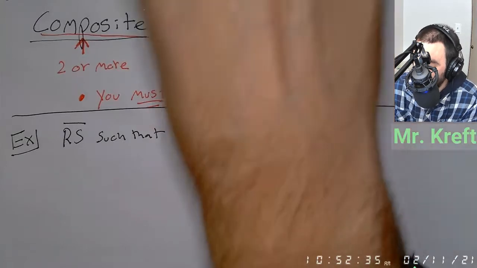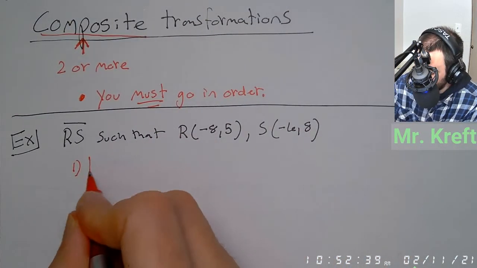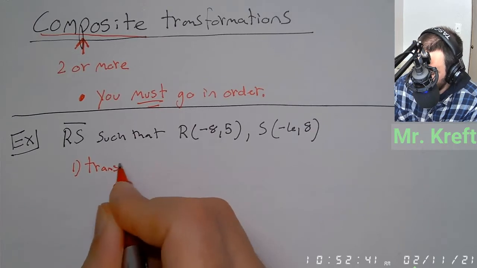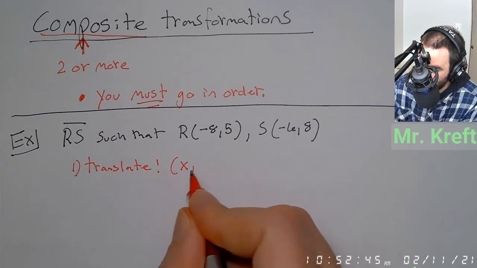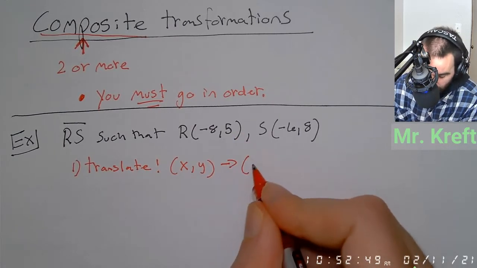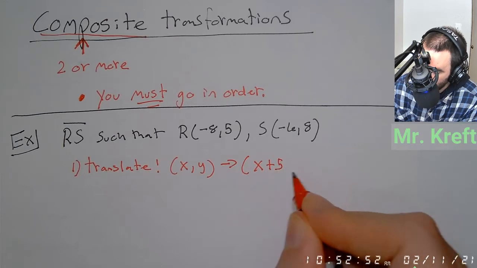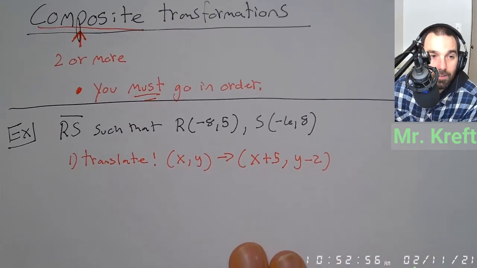And I'll show you why. So we're going to translate. We're going to take every point and we're going to go x plus 5 and y minus 2.